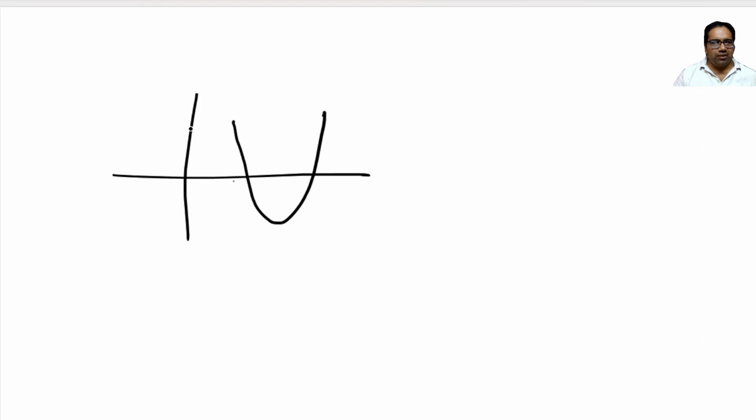We don't know where the y-axis is; it doesn't matter. Now, if the vertex is between these 2 points, we can ensure the vertex is between them, but we cannot guarantee that the roots are still between these 2 points.